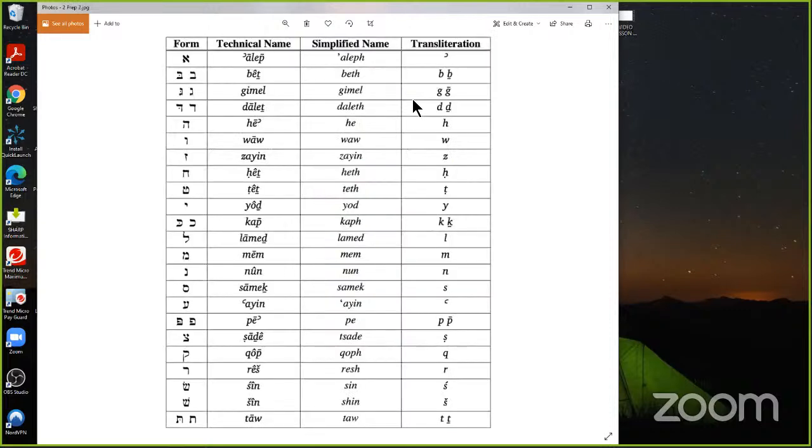So here is just the transliteration side. This transliteration is what a lot of the academics use, right? So I'm contemplating using this for those that have the 22 letters down, with the exception of maybe certain sounds of certain Bagadkephat letters. We're going to talk about this transliteration, which you can find in a lot of scholarly books, right?